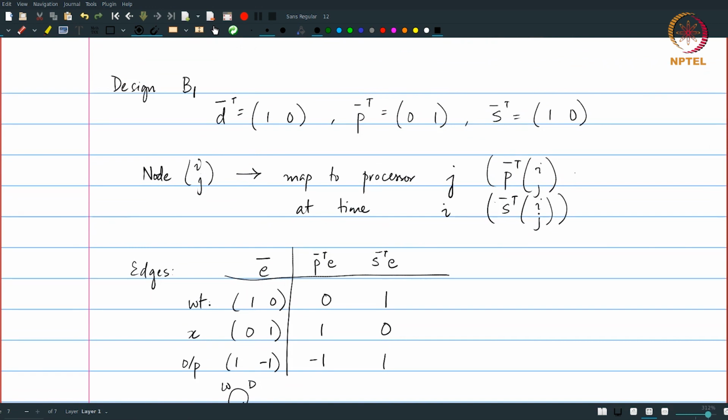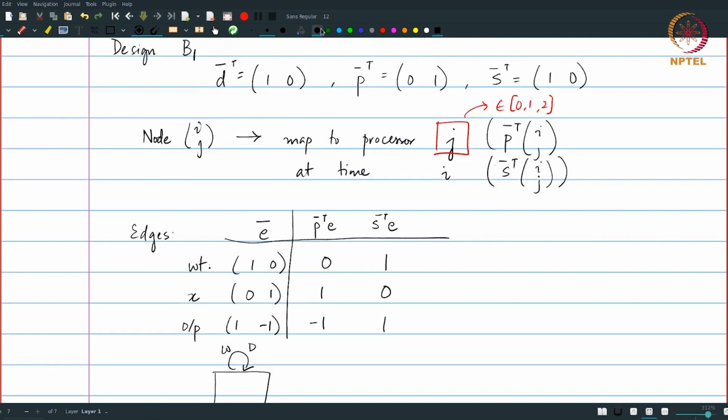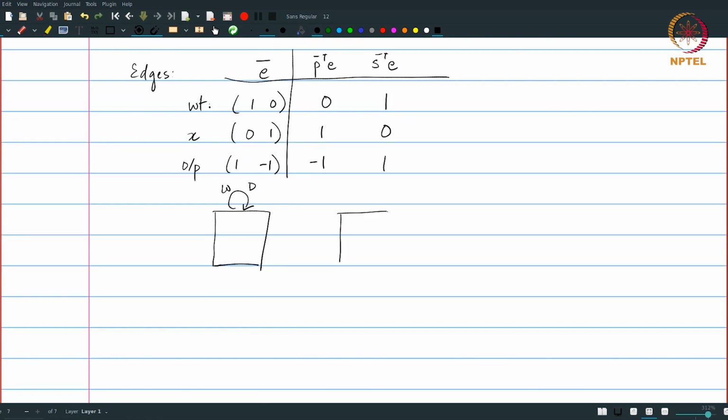The processor ID, given that it is equal to just J, this is once again in the range 0, 1, 2. Therefore, I have 3 processors. With W0, W1 and W2 remaining where they are.